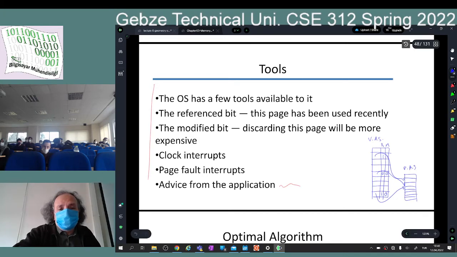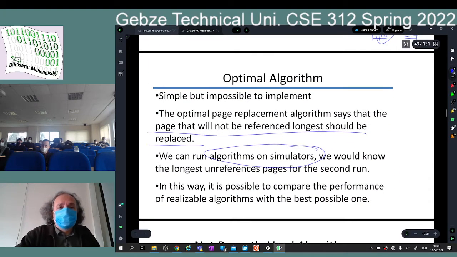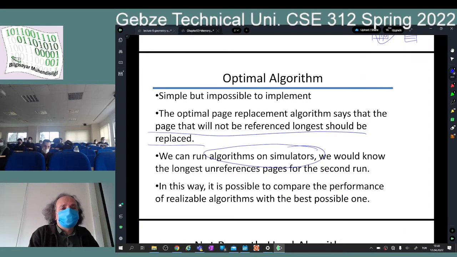And we talked about advice from application. We will come to that later. Optimal algorithm, as we said before, is simple but impossible to implement because it says: suppose I know the future, then I would know which page. So this is the main thing.